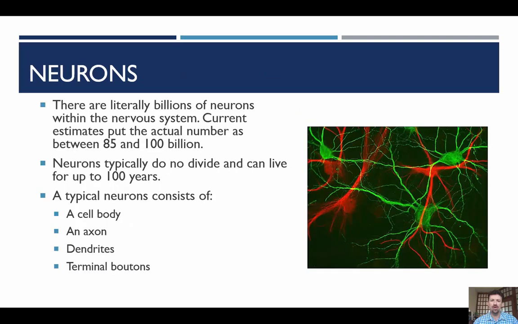And the typical neuron has 4 or 5 parts: a cell body, an axon, dendrites, and terminal dendrites or terminal boutons. Here you can see another staining technique showing typical neurons inside of the brain.